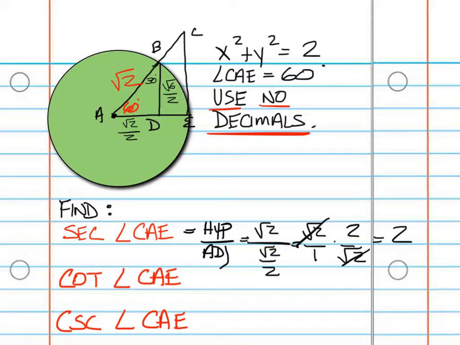However, if you did this in terms of decimals, square root of 2 comes out to be 1.4. So how about we put 1.4 here and do the same thing we just did. What's half of 1.4 for the short leg? 0.7. And if I have to do hypotenuse over adjacent, I would get 1.4 over 0.7, which turns out to be 2.